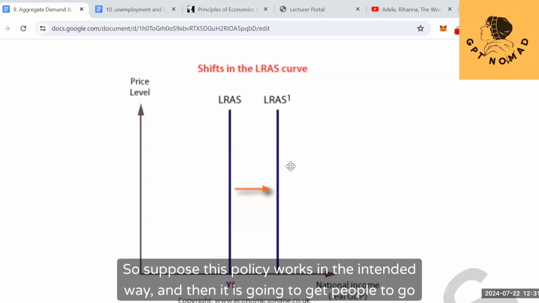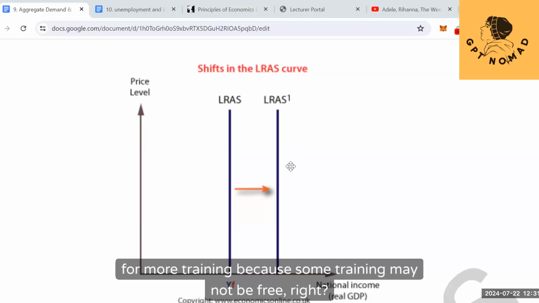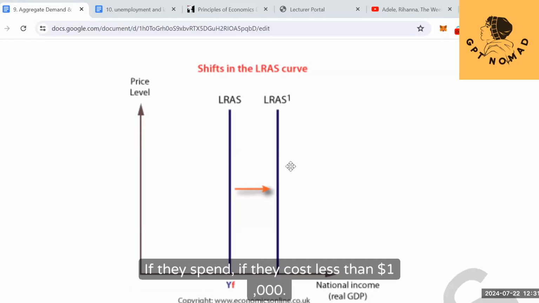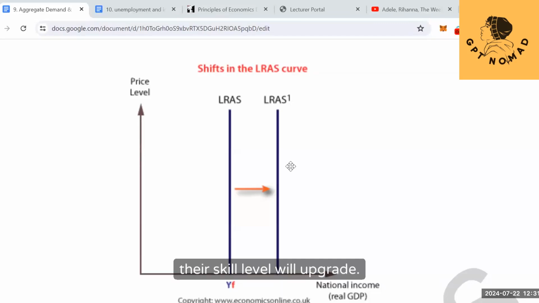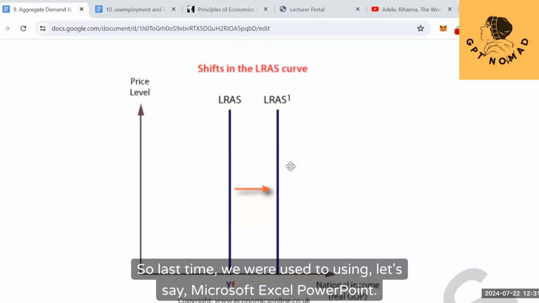Suppose this policy works in the intended way, and it is going to get people to go for more training, because some training may not be free, right? If they cost less than $1,000, people go for training, they go for courses, and their skill level will upgrade, right? So last time we were used to using, let's say, Microsoft Excel, PowerPoint.